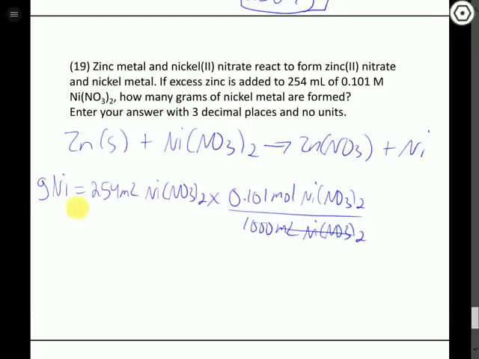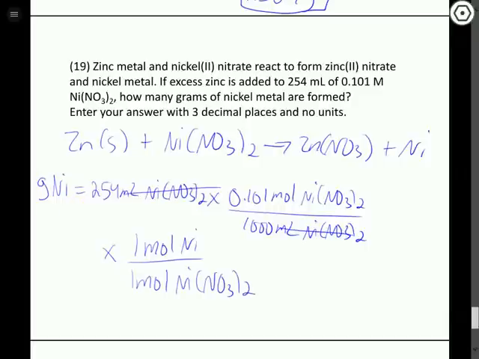We're asked for the amount of nickel that forms, so we use mole ratios to convert from nickel nitrate into nickel metal. It's a 1-to-1 reaction, so 1 mole of nickel forms for every 1 mole of nickel nitrate that reacts. Okay, this reaction here is very simple, 1-to-1 coefficients. So now we're in moles of nickel, and then finally get into the mass of nickel.